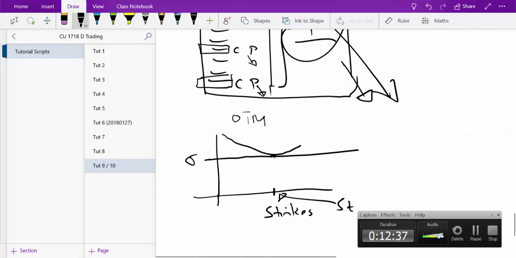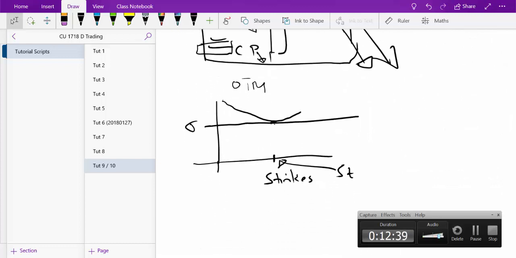So this is another way of saying there is a bigger chance of a market downturn than what the normal distribution would suggest. Therefore, I want to have extra compensation for very, very extreme moves. If you understand what I said just now, you really understand what skews are.